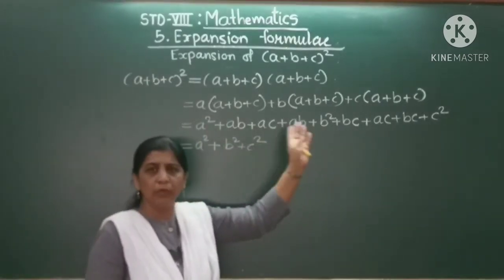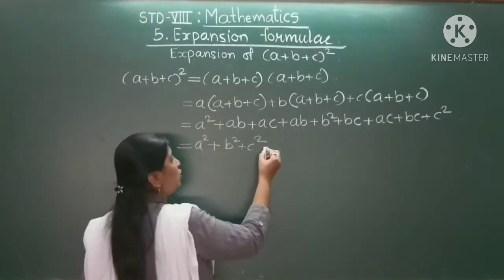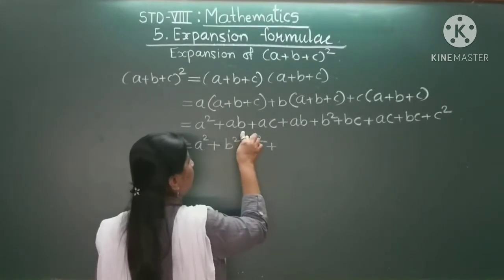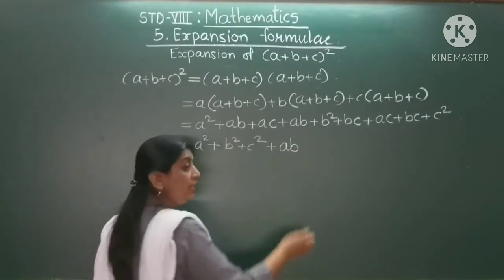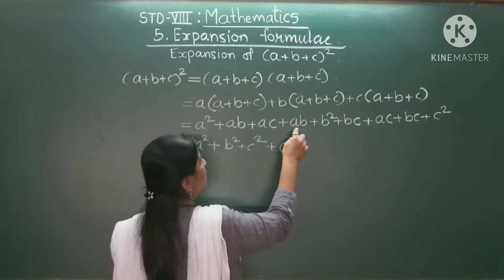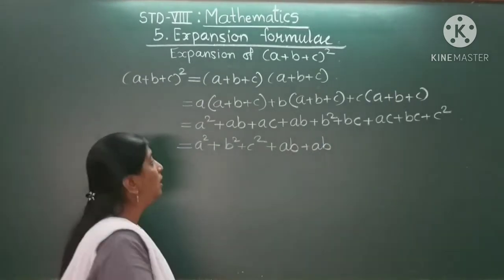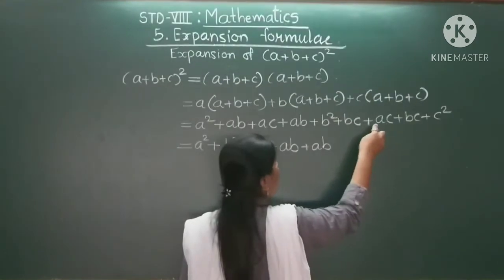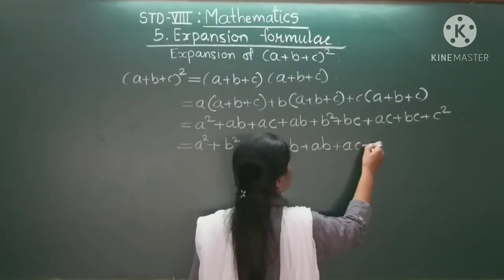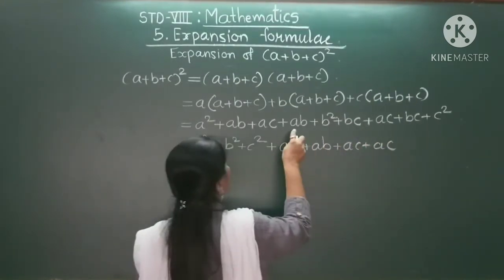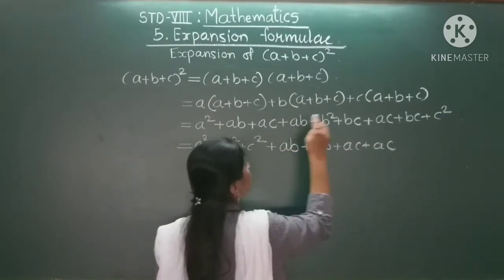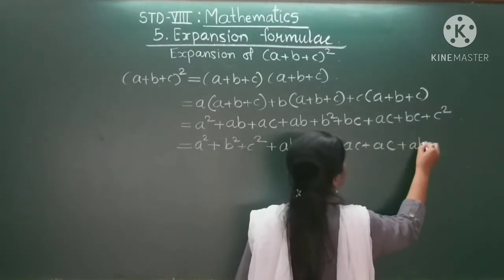Now let me look at the next terms. I will arrange any like terms together. ab, is there any other ab term? Yes, there is one more ab term, so I will rearrange it together. Then I have ac and ac, so two ac terms are also there, and two ab terms, ab plus ab.